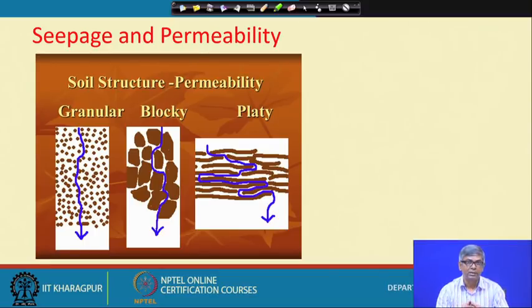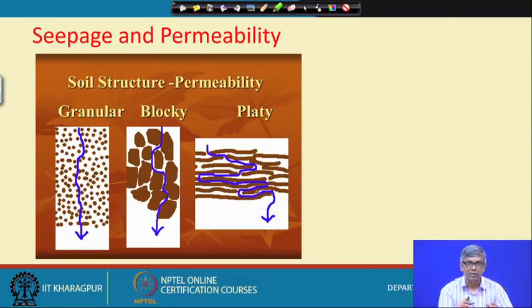In the soil grain, actually there will be different types of grains. If it is granular soil, then the path will be like this, whereas if it is bigger block-type, bigger particles, then the path will be like this.